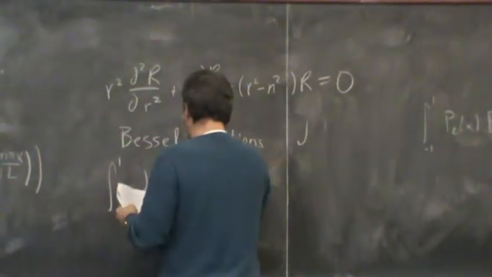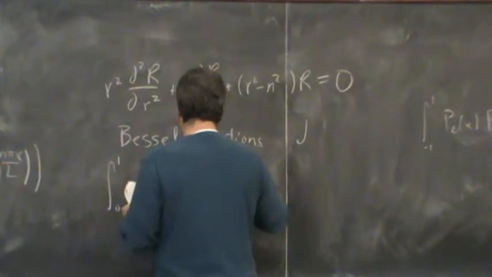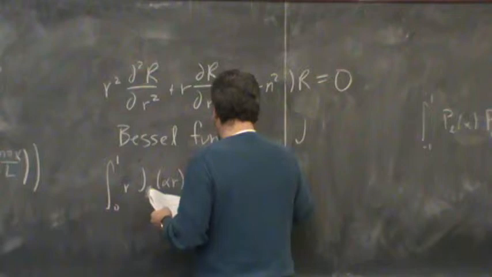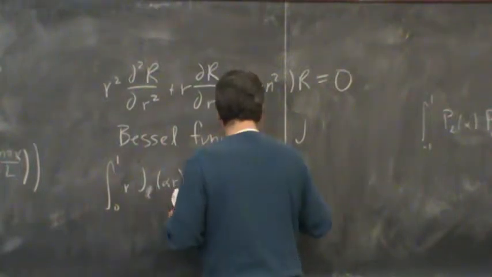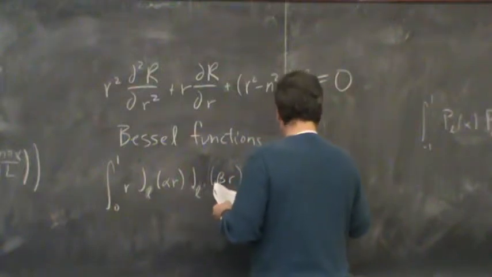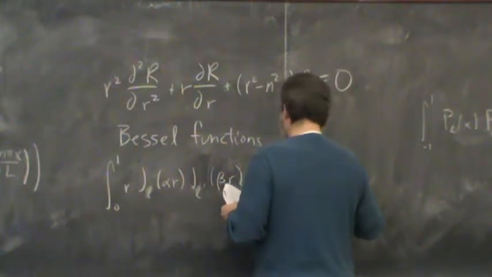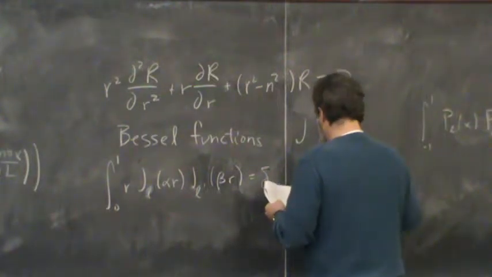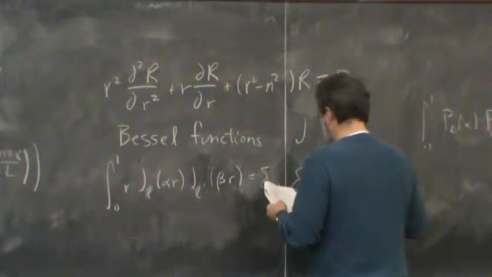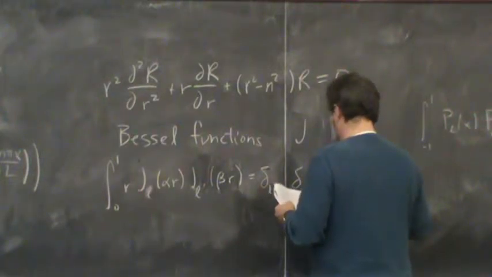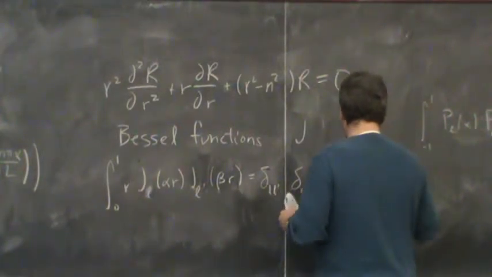The integral of J sub L of alpha r times J sub L prime of beta r is equal to delta L L prime, delta alpha beta, so the coefficients have to be the same, 1/2 J squared of L plus 1 of alpha.